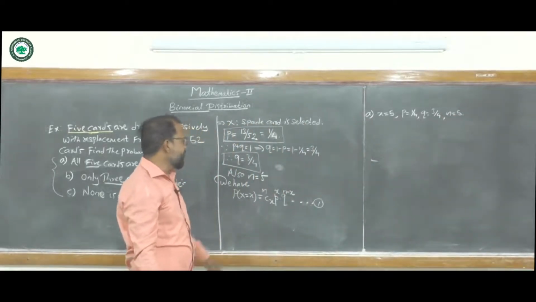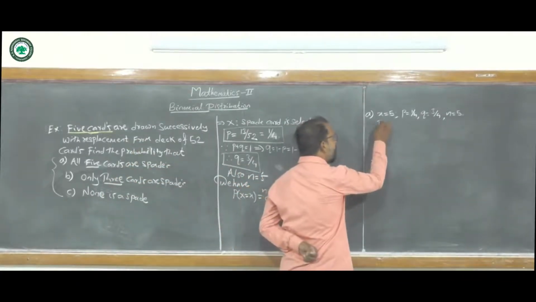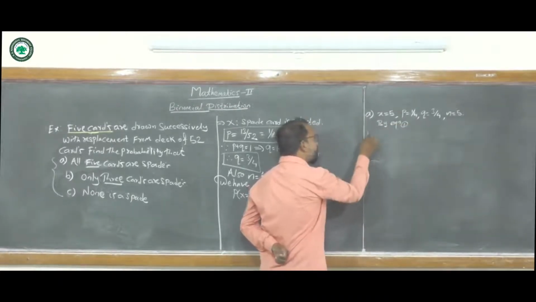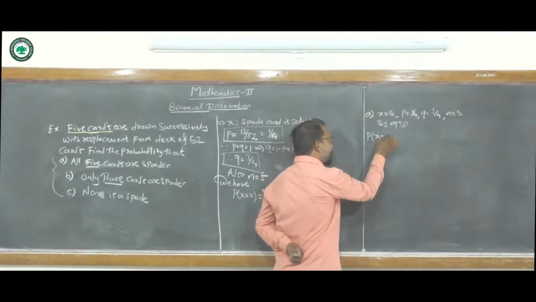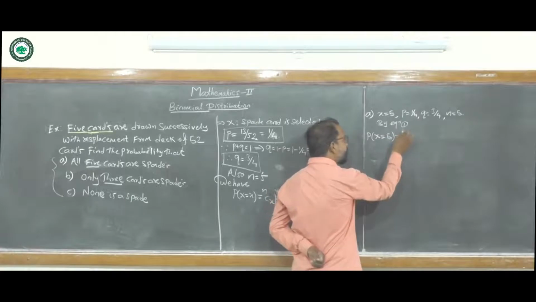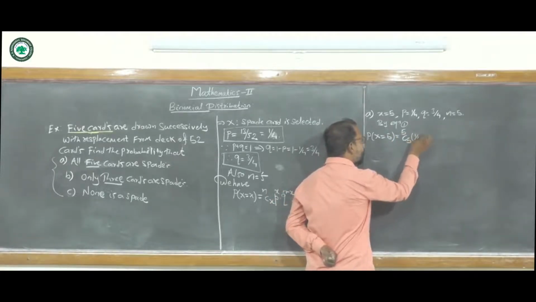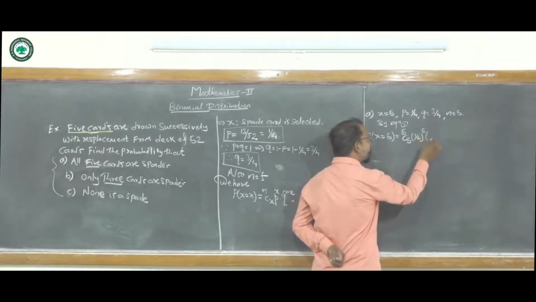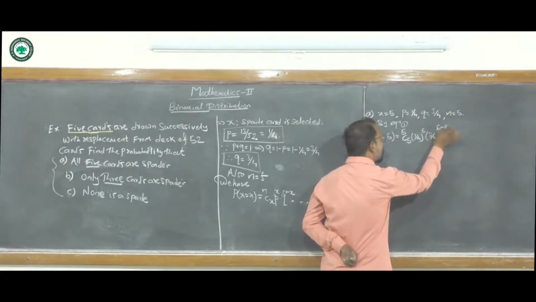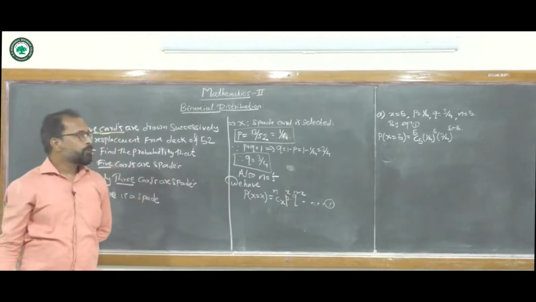Now putting all these values in equation 1, the probability of x equals 5, that is getting all 5 spade cards, equals 5C5 into 1 by 4 raised to 5 into 3 by 4 raised to 5 minus 5.